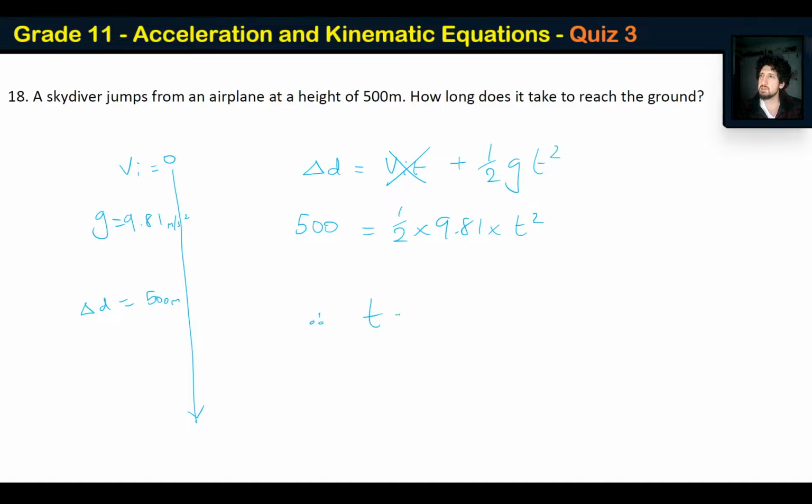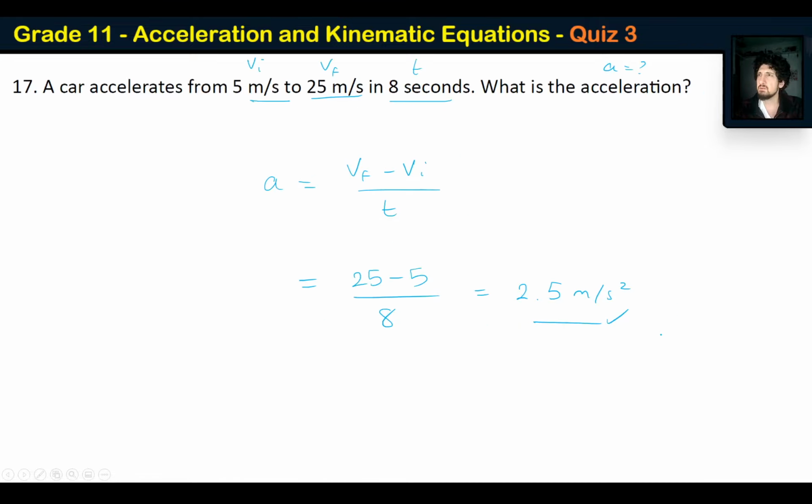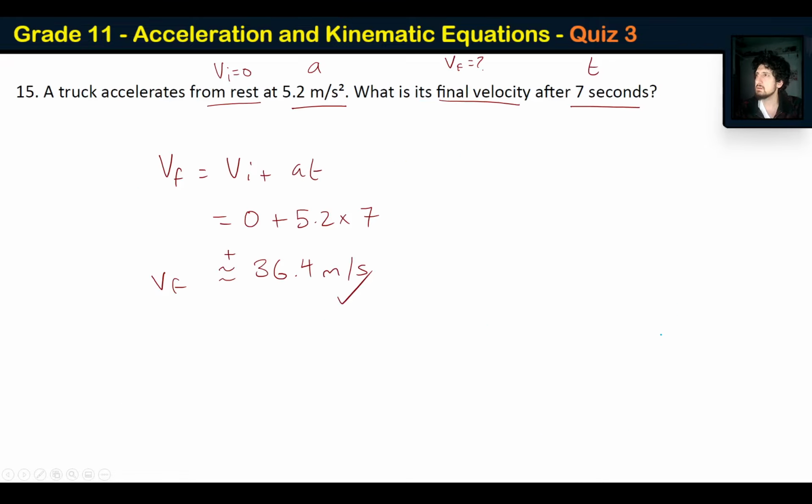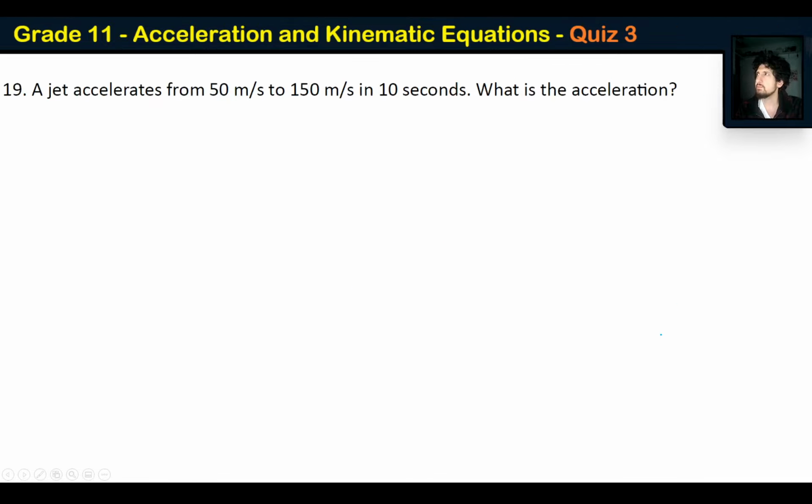And therefore T is equivalent to the square root of 500 all over half times 9.81, which is 500 divided by 0.5 times 9.81, square root, so 10. Did I do that right? I think so. Yeah, it makes sense, I guess. 10.1, no, sorry, not meters per second, 10.1 seconds. Did I do the units correctly before? I think so. Okay, we're good.